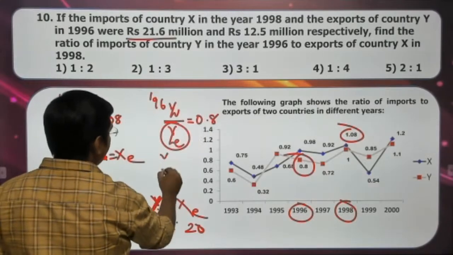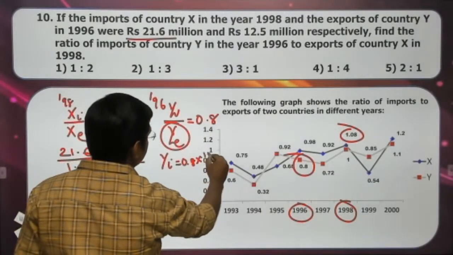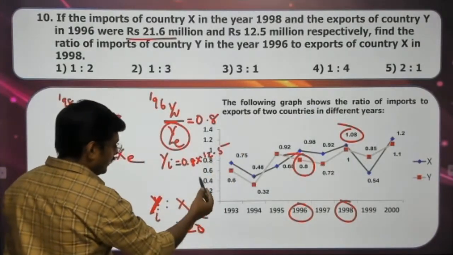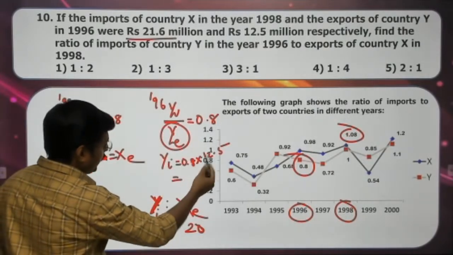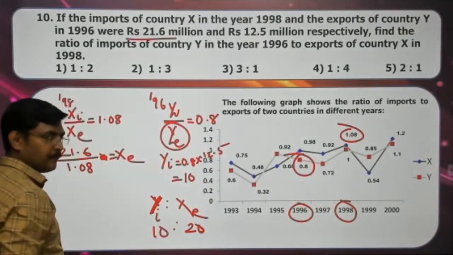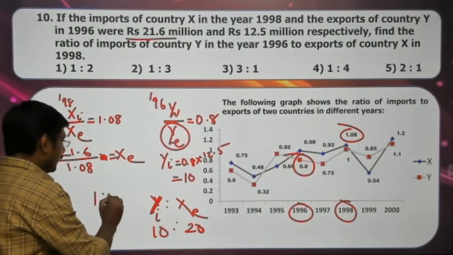So on crossing, import becomes 0.8 into 12.5, which you will get as 10, right? So we will get this as 10. So 10 is to 20, so we will get the ratio as 1 is to 2.